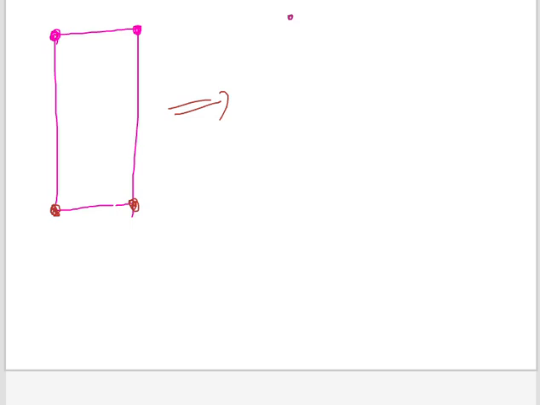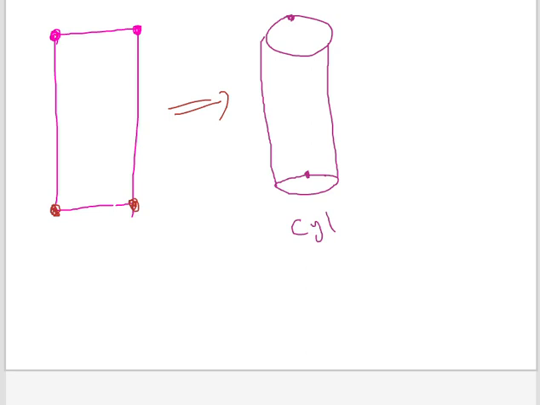I attach them here and here. Then I get a cylinder. I attach this one to this one and this one to this one.